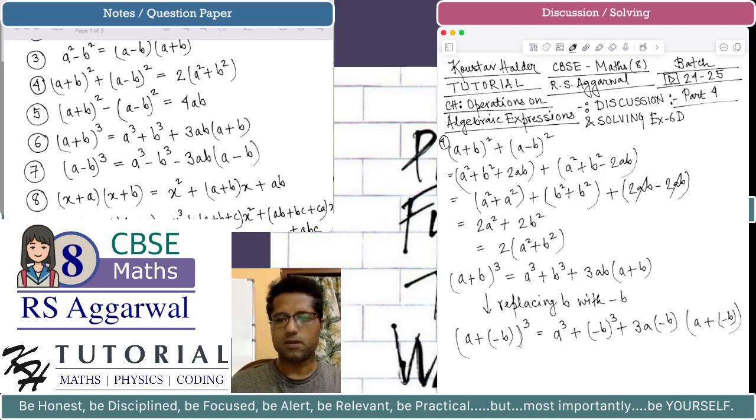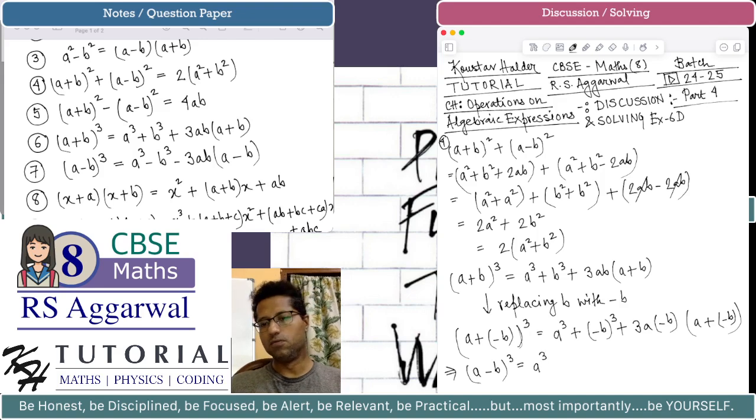This way, using the formula A plus B whole cube, you can also get to know the formula of A minus B whole cube. So it becomes A minus B whole cube equals A cube.